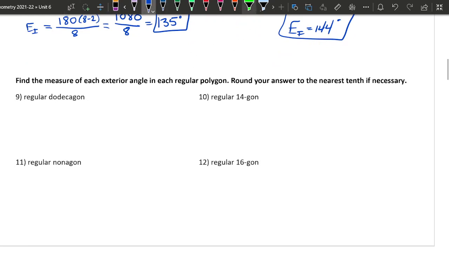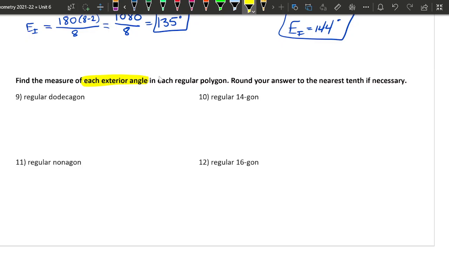All right, now it says find the measure of each exterior angle. So when we found each interior angle, so one interior, and now it says to find one exterior, each one, we're going to take the total, the sum of the exterior, and divide it by the number of angles, and that's how much each angle is going to be.